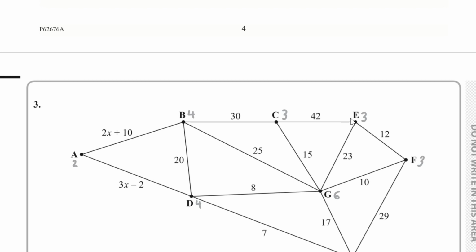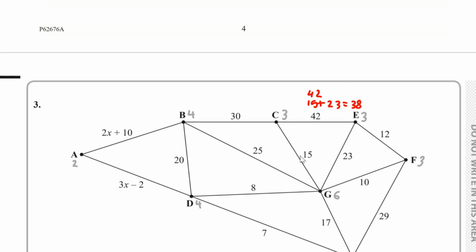Well, the shortest way we can get there is, well, we could go 42, or we could go C to G, so that's 15, plus the 23, you'd find that to be 38.